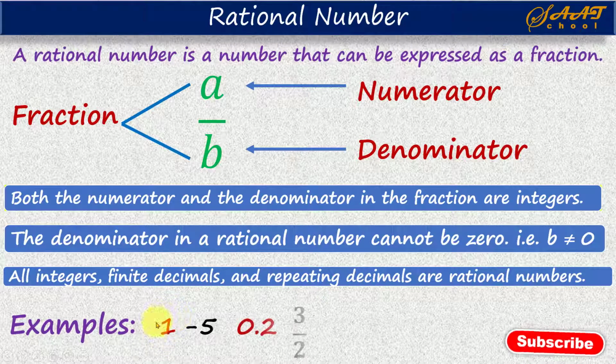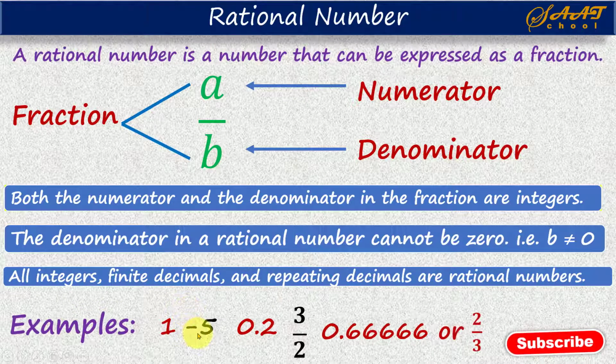So this 1 is a positive integer, minus 5 is a negative integer. So 0.2 is a finite decimal number because it ends at 2, and this 3/2, which is in fact 1.5, is also a rational number.